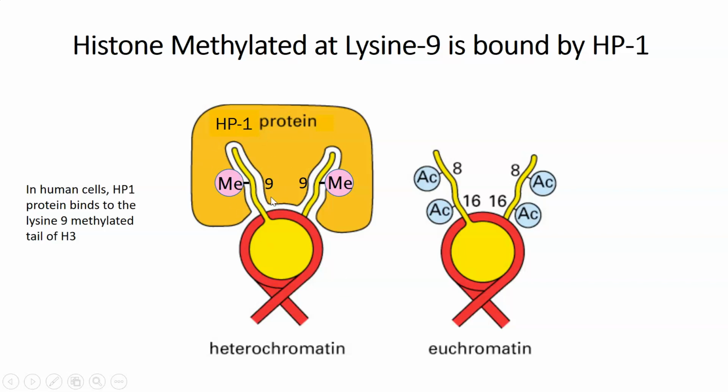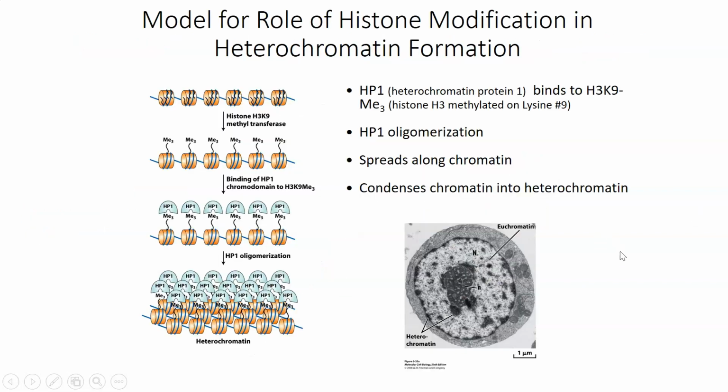So if this happens in a number of neighboring nucleosomes, here they are unmethylated, here they are methylated, here they are with HP1 binding to each of the methylated histones, and here are the HP1 proteins all banding together by oligomerization to form the structure in heterochromatin.